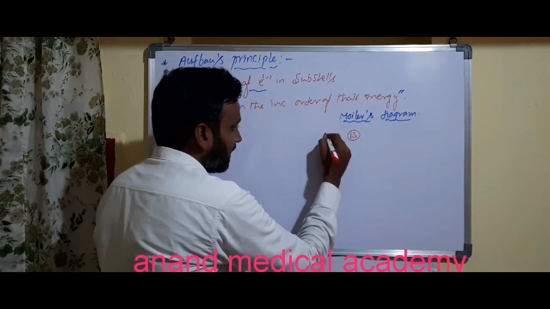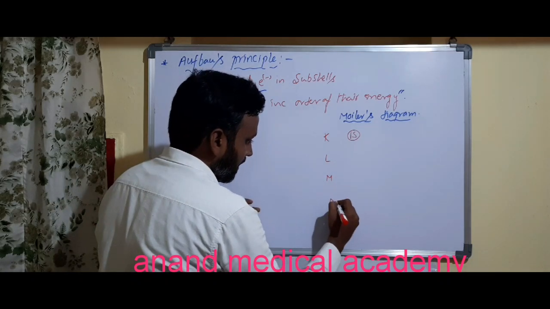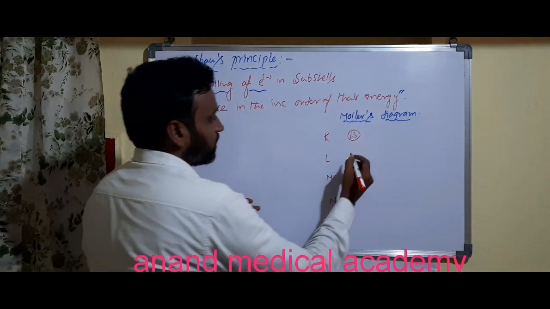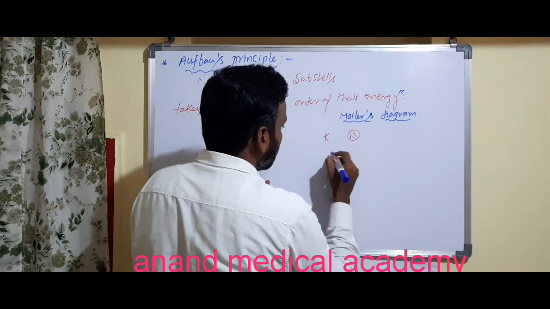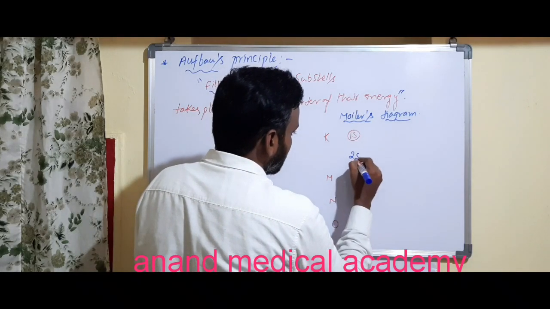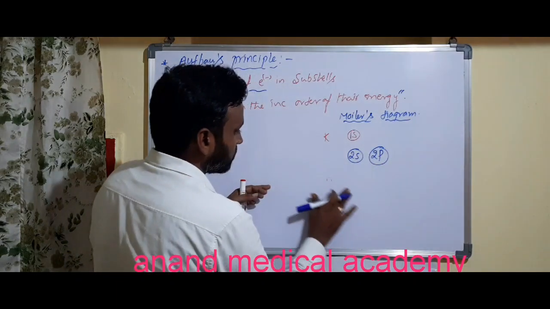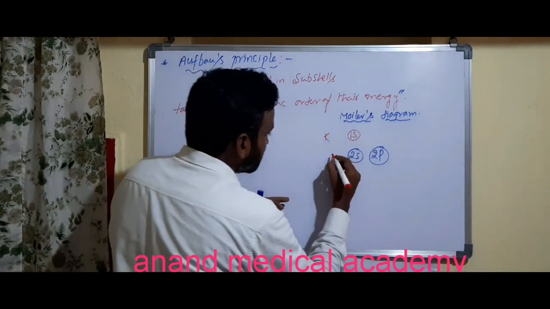Write shell-wise: this is K and L and M, N, O, like this and so on, right down. First one is 1s, and what does the L shell consist of? So 2s and 2p you have. Write down like this.